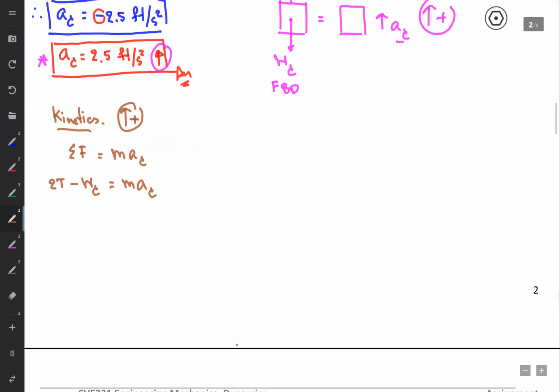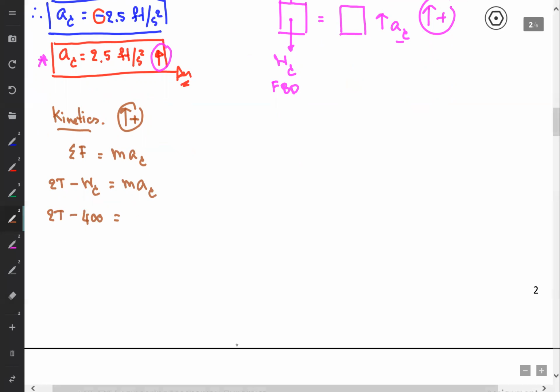So we find that 2T minus 400 pounds equals mass times acceleration. In US customary units, that is foot-pound units, the base unit is the weight, not mass like the SI unit. So we know the weight, and we have to determine the mass.